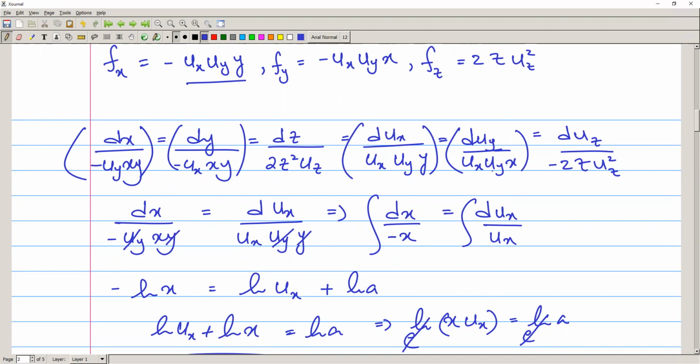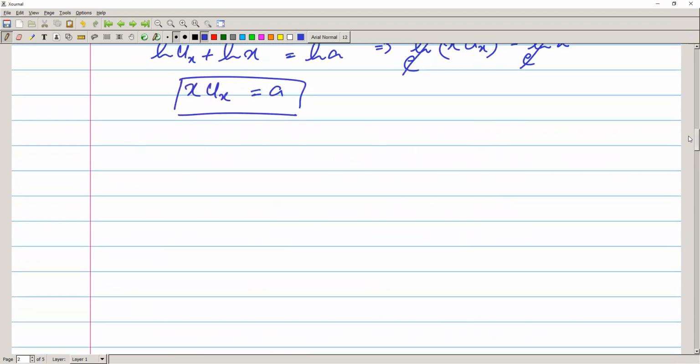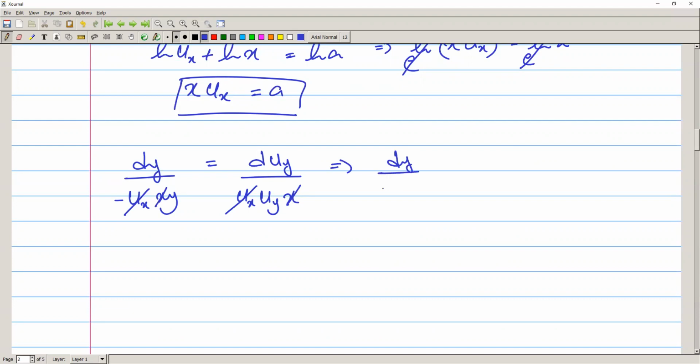So we can write dy over negative ux xy is equal to duy over ux uy times x. So this ux and ux will cancel out, this x and x will cancel out. We will only be left with dy over negative y, which is equal to duy over uy.